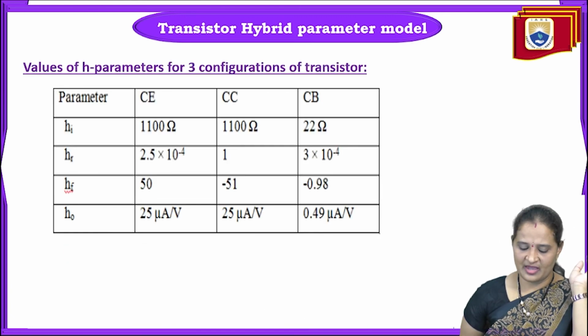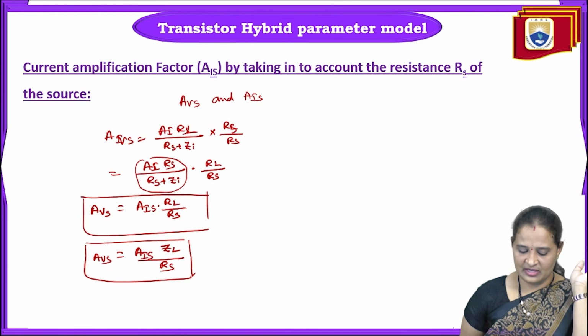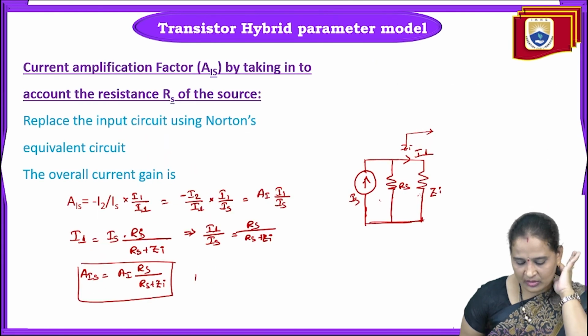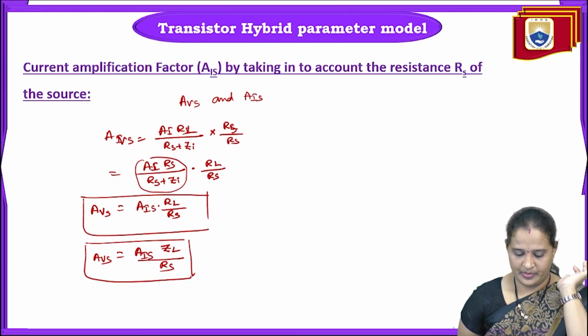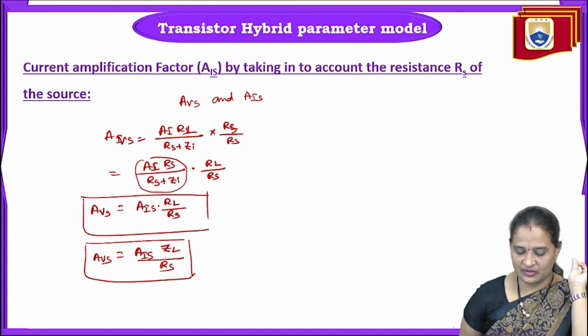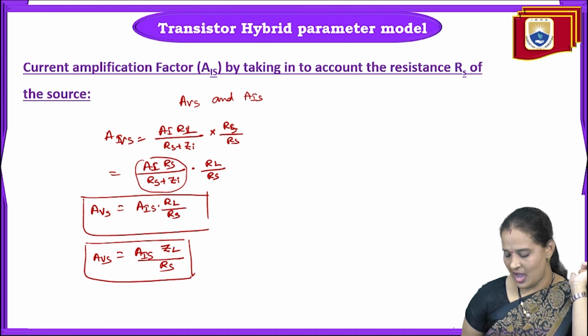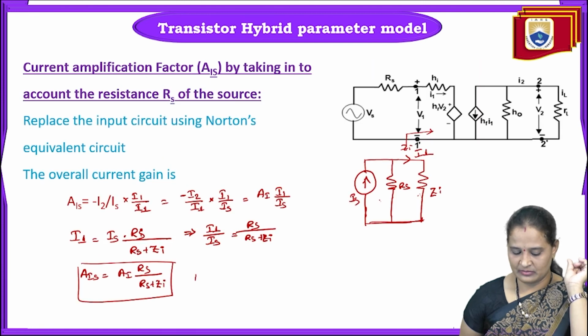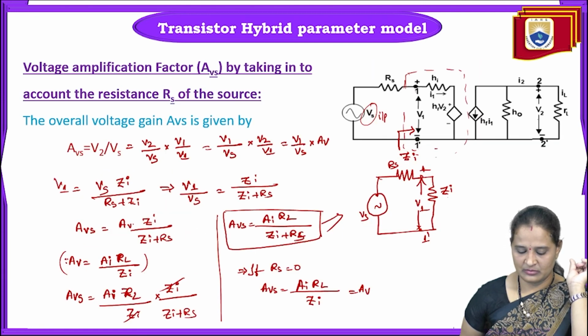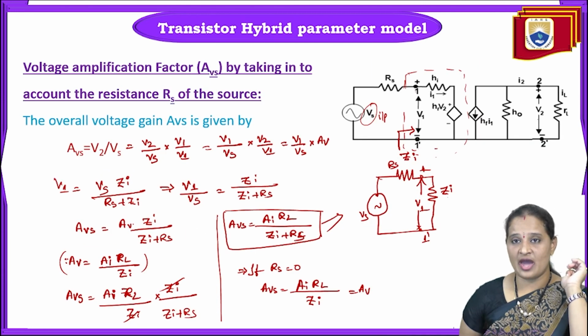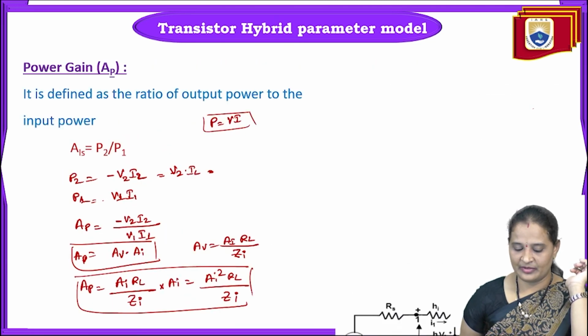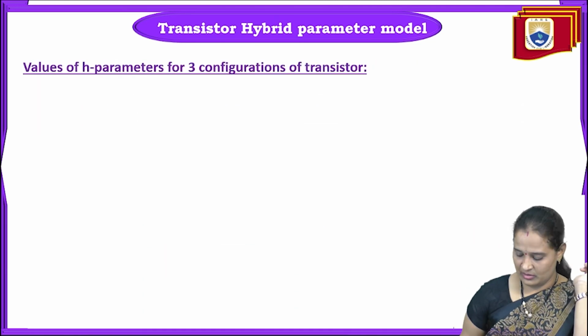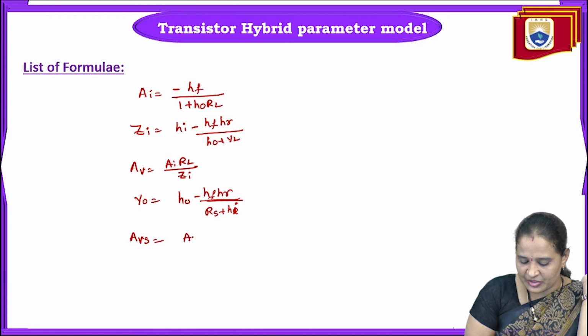What is the formula of AVS we have got? AVS is equal to AI into RL by RS plus ZI.